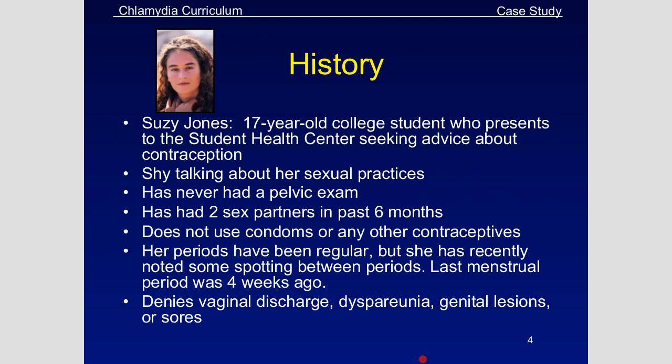And again, you can see on history taking, these are some of the norms that you go through in order to elicit history from patients that you want to advise. So she is shy about talking about sexual practices. She never had a pelvic exam. And she has had 2 sex partners in the last 6 months, and so on and so forth.